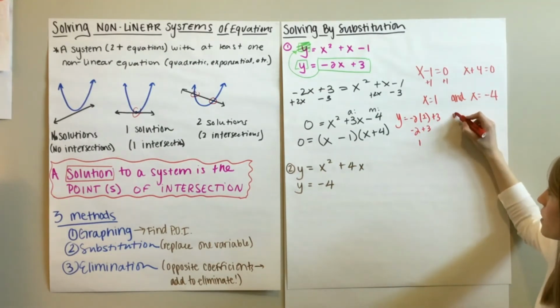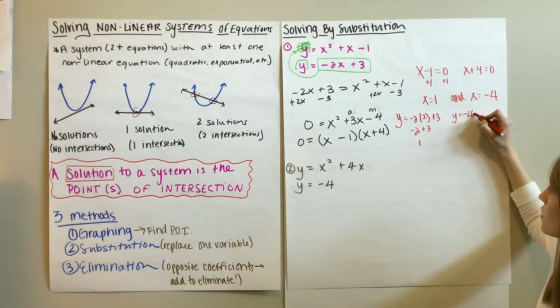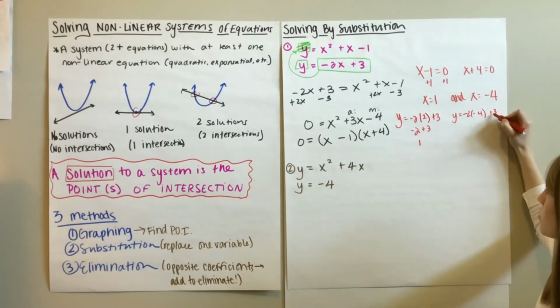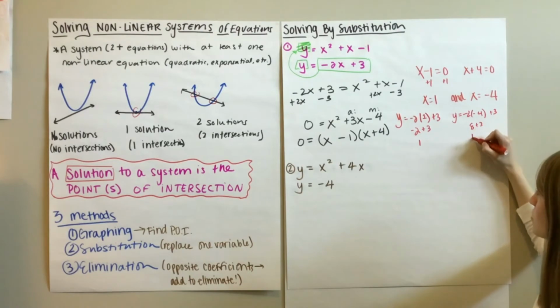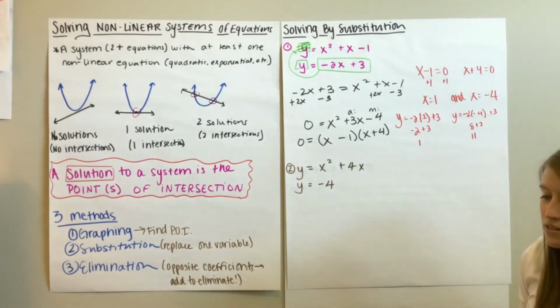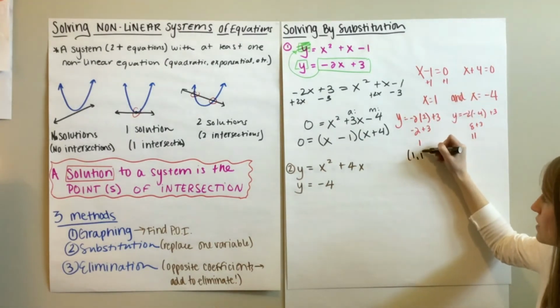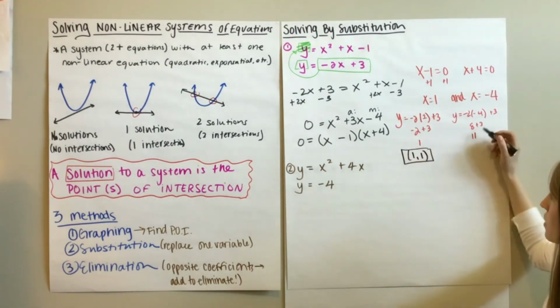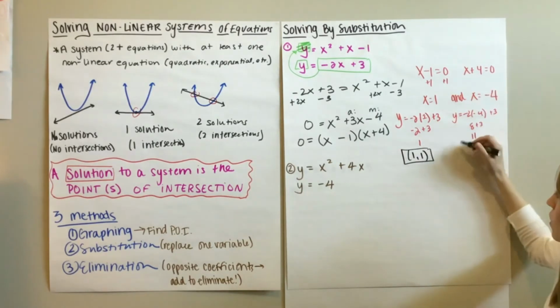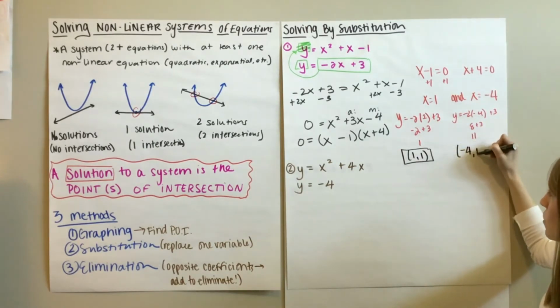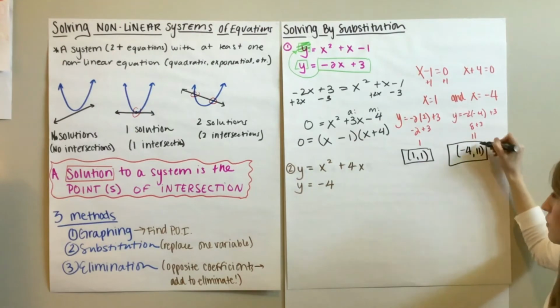When x was negative 4, negative 2 times negative 4 plus 3, 8 plus 3 is 11. Both of those are still not my answers. When x was 1, y was 1, so one of my points of intersection is (1, 1). When x was negative 4, y was 11, so another one of my answers is (negative 4, 11).